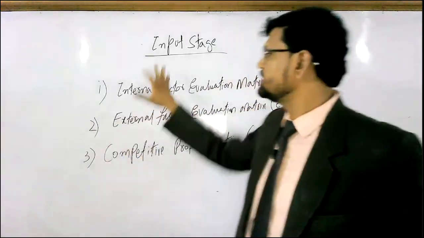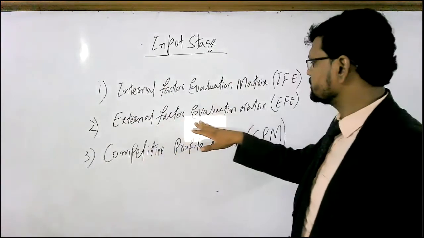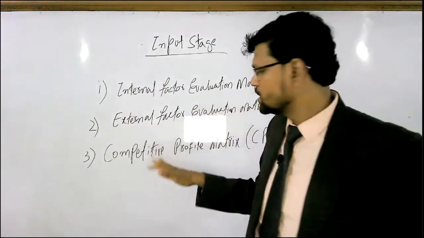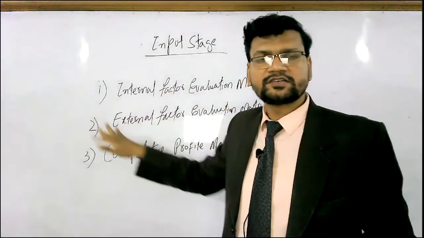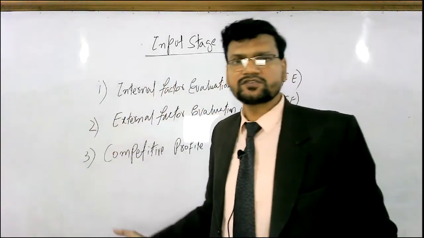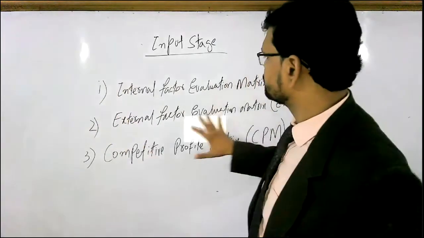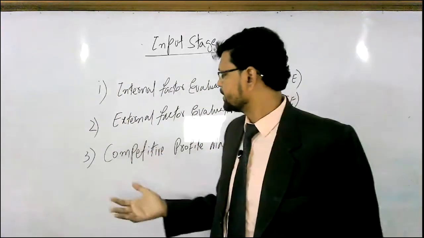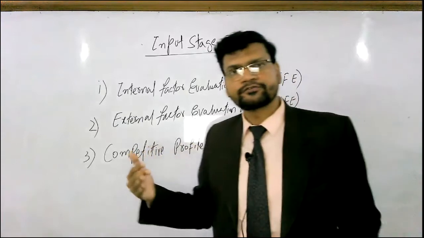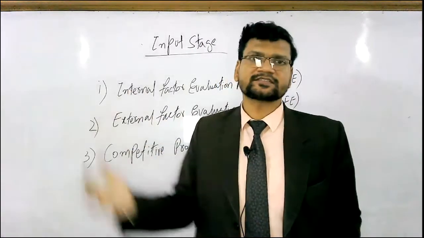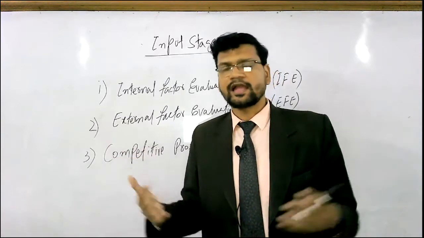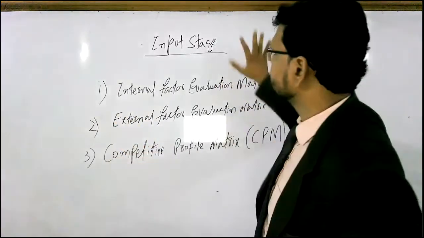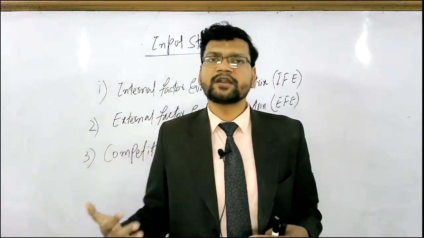These are the external factors evaluation in which we see and understand the competitive profile matrix, which we covered in our previous classes. So basically these are the three processes to evaluate the position of your organization, internal and external, and the factors that influence them. These are the part of the input stage.